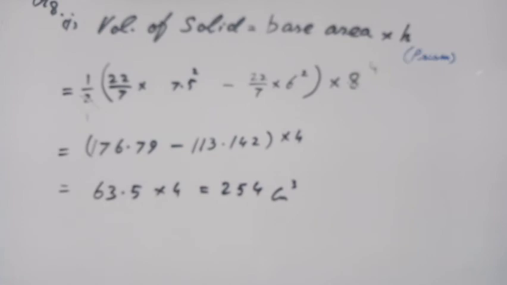Now we find out the total surface area of the solid. उसके लिए वही तरीका जो हम प्रिज्म के लिए करते हैं। फर्स्ट वी विल फाइंड आउट द डबल ऑफ द बेस एरिया प्लस perimeter of the base multiplied by height of the prism.